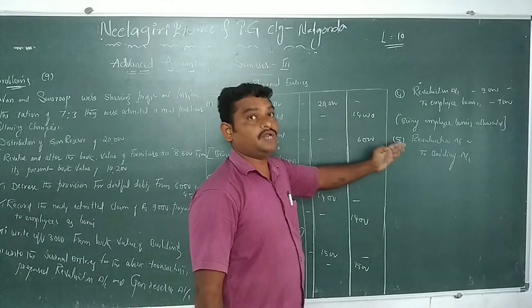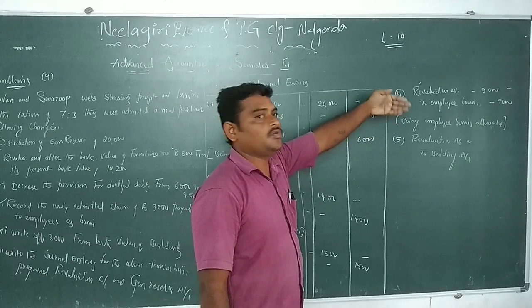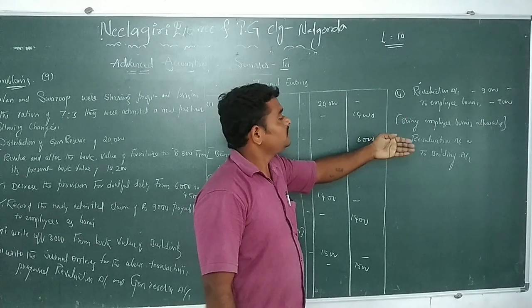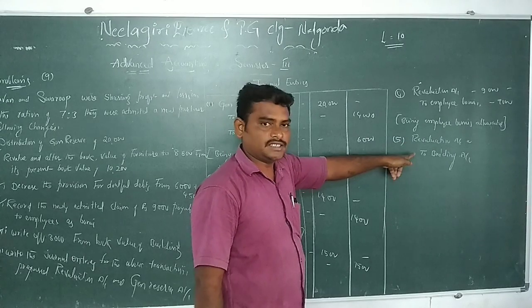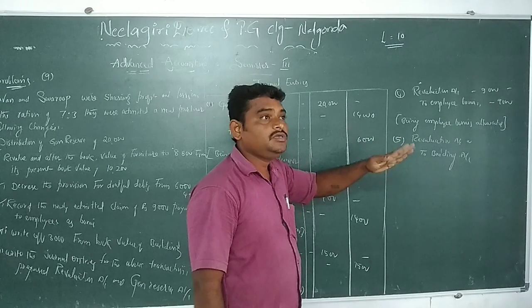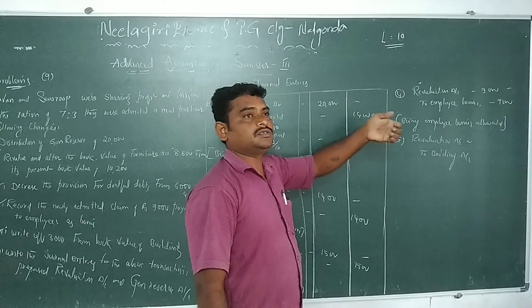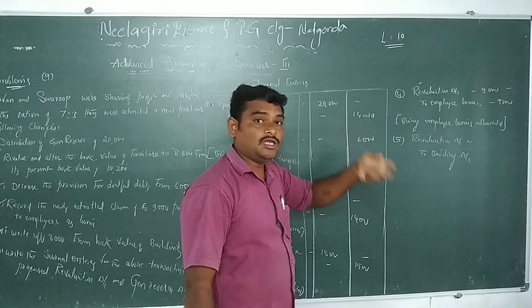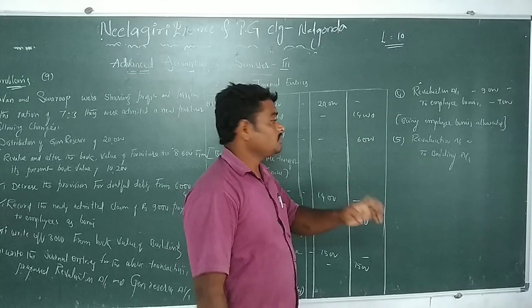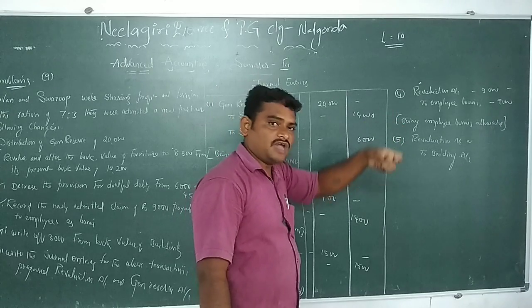When the asset value increases, the asset account is debited to revaluation account. When the asset value decreases, revaluation account is debited to asset account. When liabilities increase, revaluation account is debited to liabilities. When liabilities decrease, the liability account is debited to revaluation account.